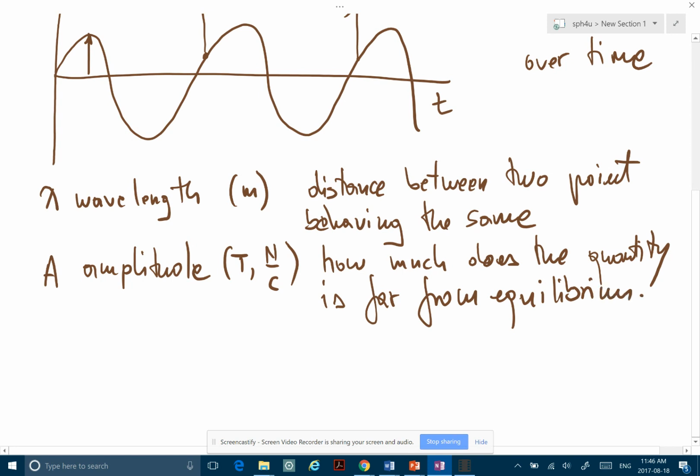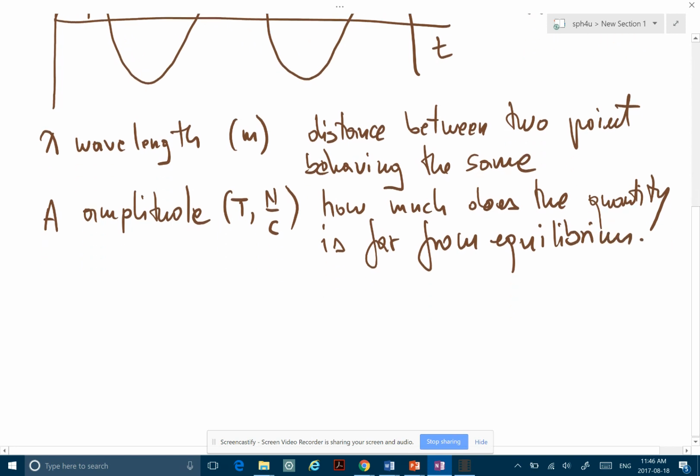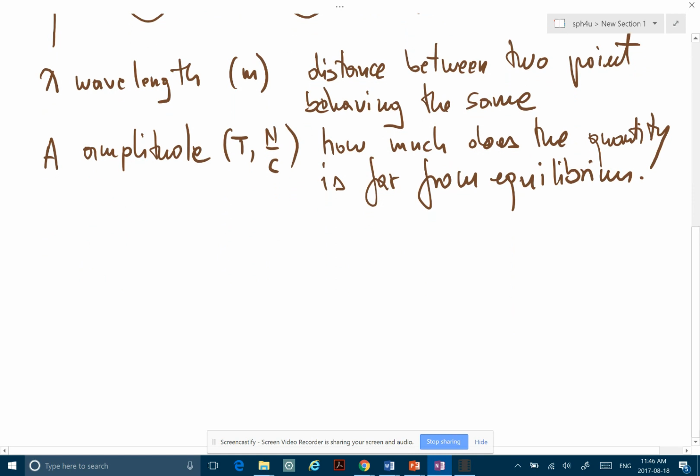All right, so for magnetic field and electric field, for the light wave, at a certain moment they are at the zero level, 0 Teslas, 0 newtons per coulomb.